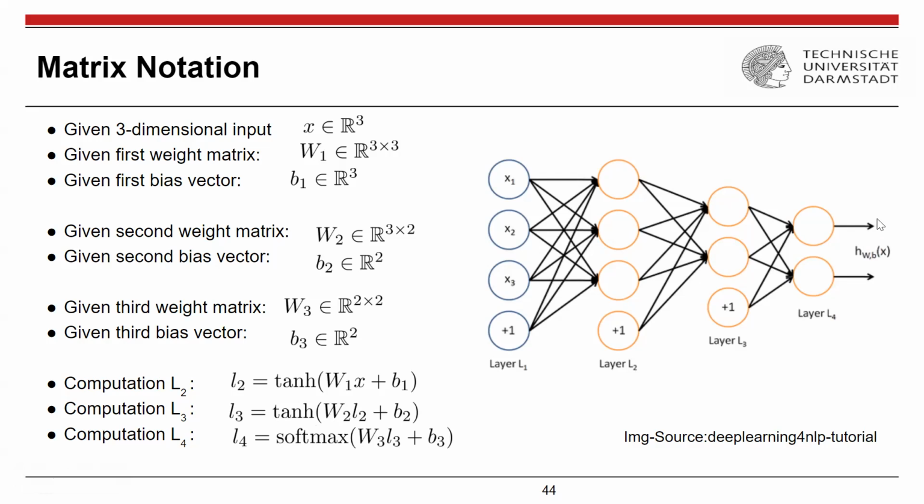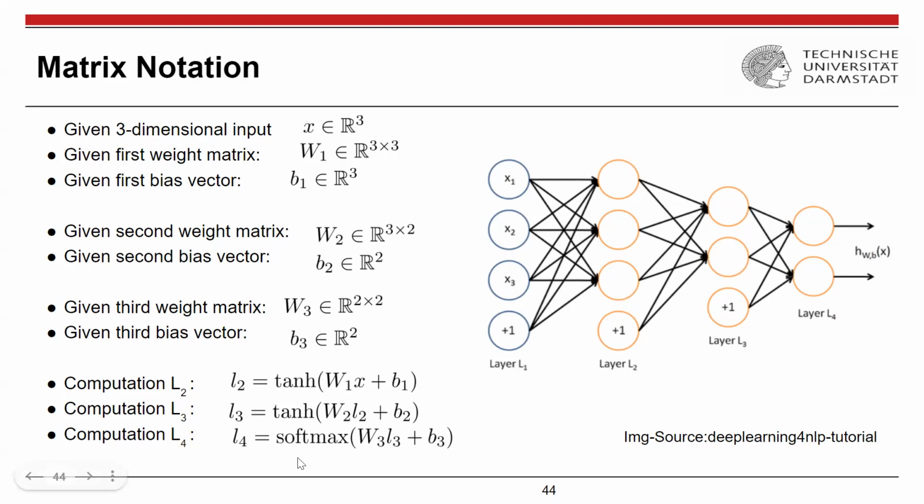In that case, your output is a 3 into 1 column vector, right? You want to convert it in the form of a probability, and you will pick the unit that has the highest probability. So that is your target class.